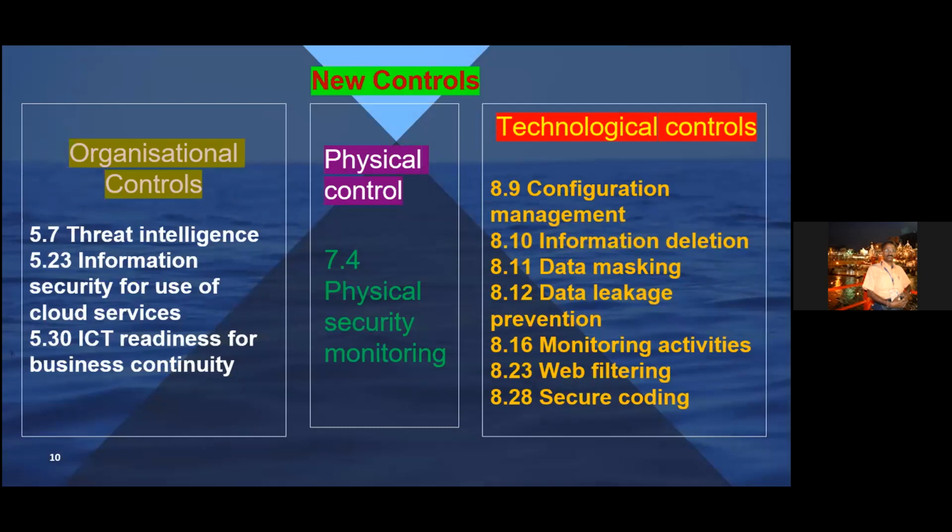And the other one is ICT readiness for business continuity at 5.30, which is the outcome of this corona situation and working remotely. In that situation, how to ensure ICT readiness is described in this particular control. These are the 3 organization-level controls which have been newly introduced in this version.